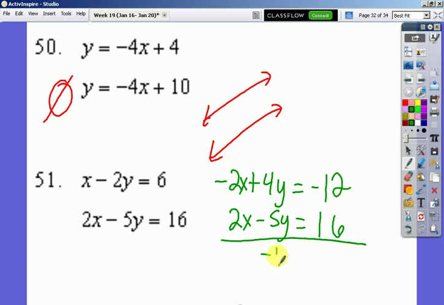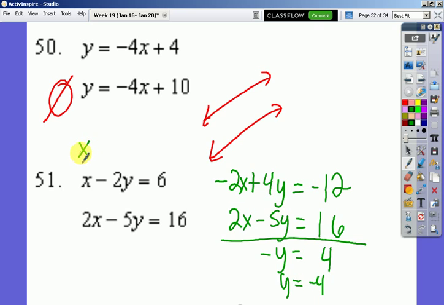So you have negative y equals what? 4? So y equals negative 4? Good, that's what I got. And then you just substitute it back into, I'm guessing, the top one? Alright.